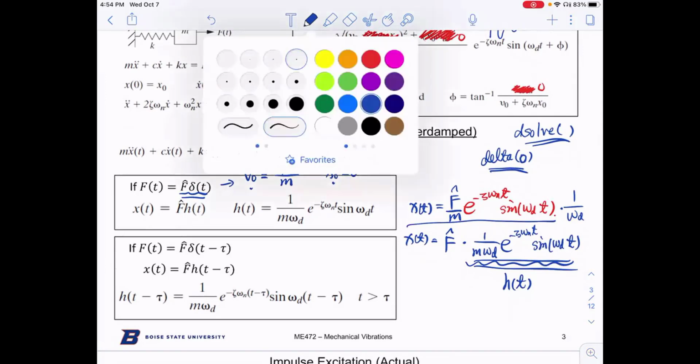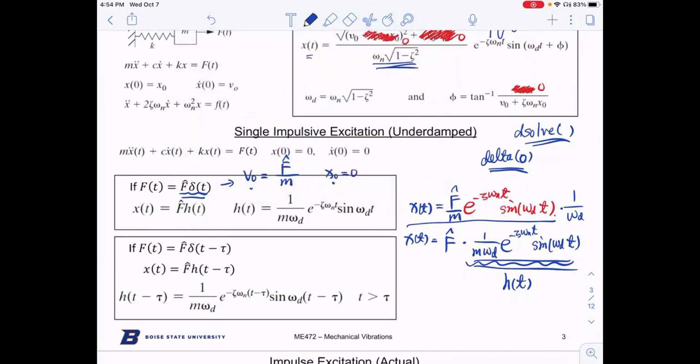So there's another case when your impulse is not at time equal to 0. In this case, if it's delta of t minus tau, that means your delta function is delayed by a time period of tau. So if you plot the delta function here, delta of t minus tau, that means the infinite impulse is going to happen at time equal to tau. Make sense?